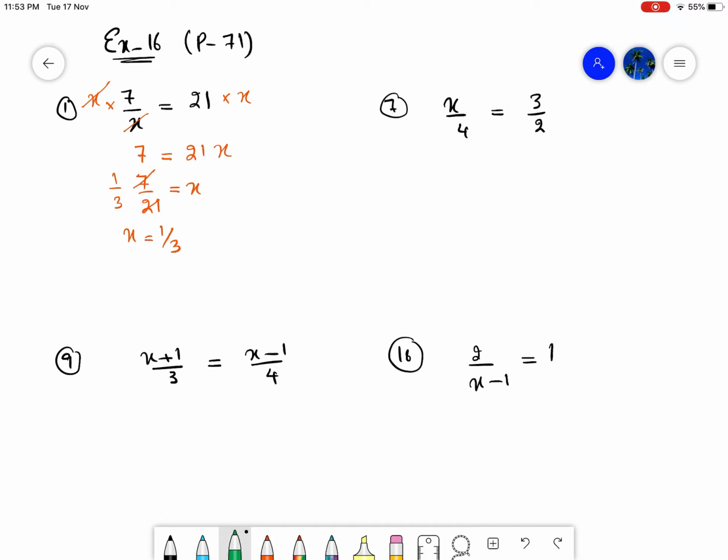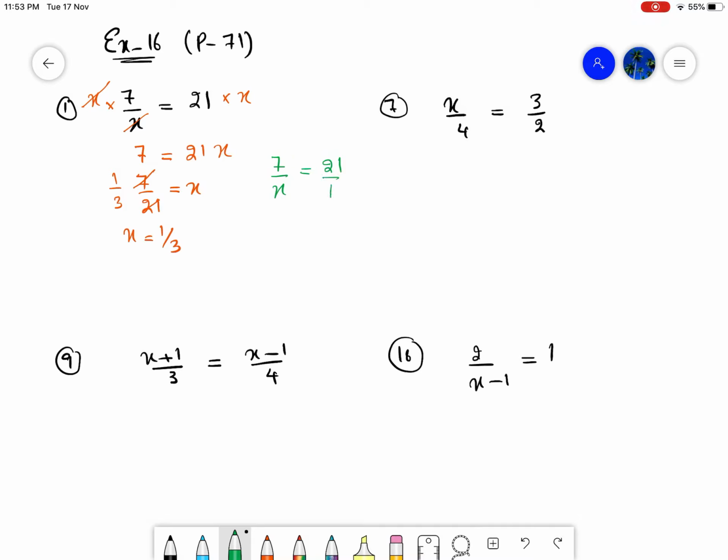The other approach for solving the same question could be cross multiplication. Because there is a single term on one side of the equation, 7 divided by x, and a single term on the other side, we can perform the cross multiplication.